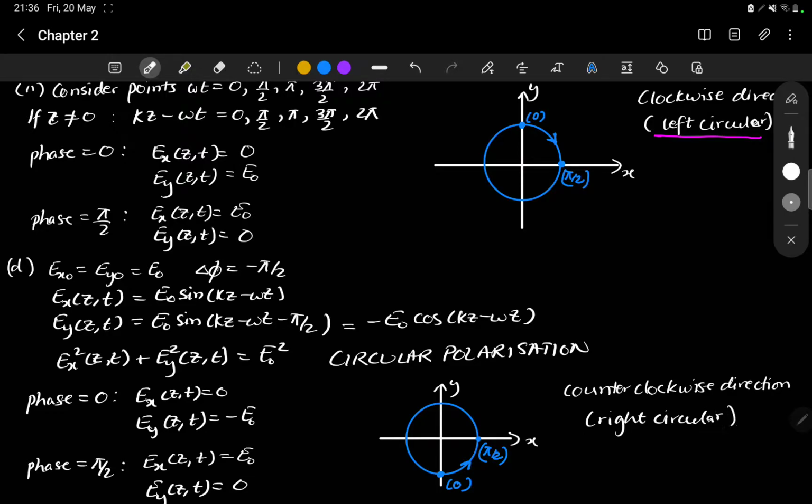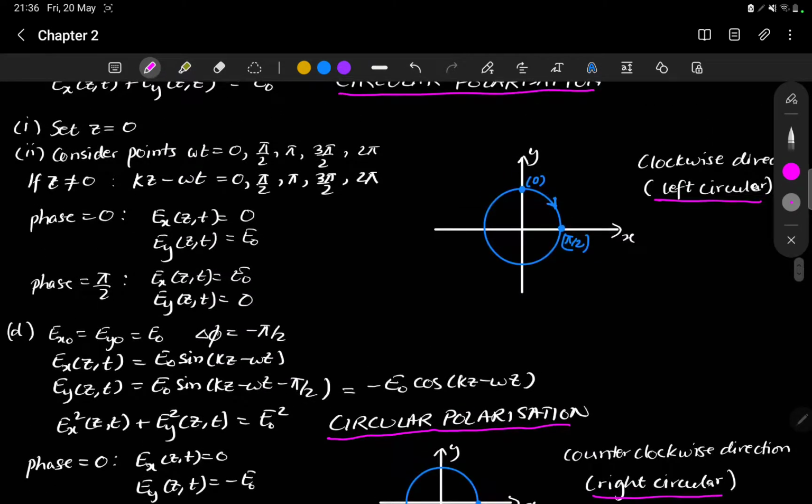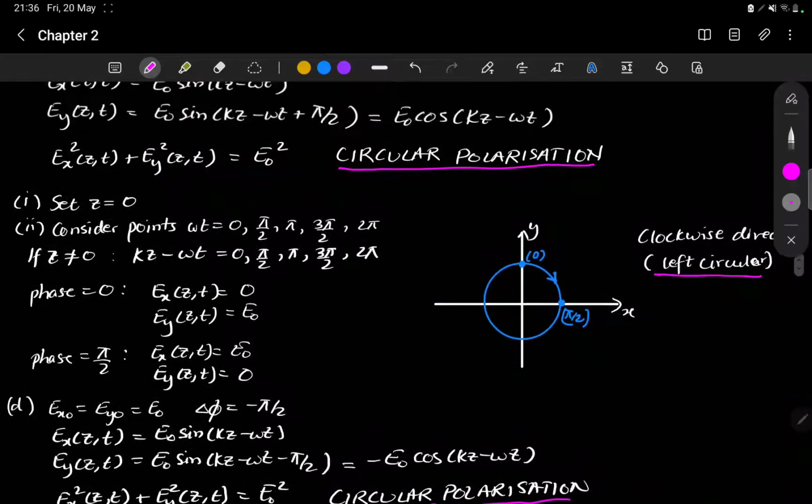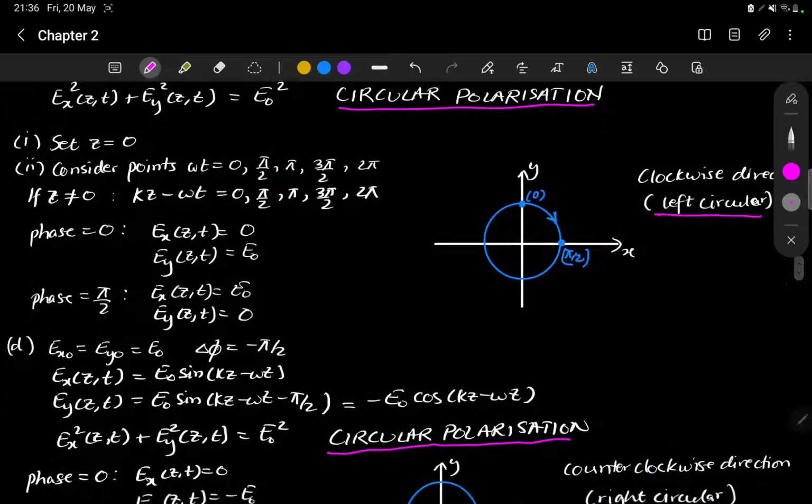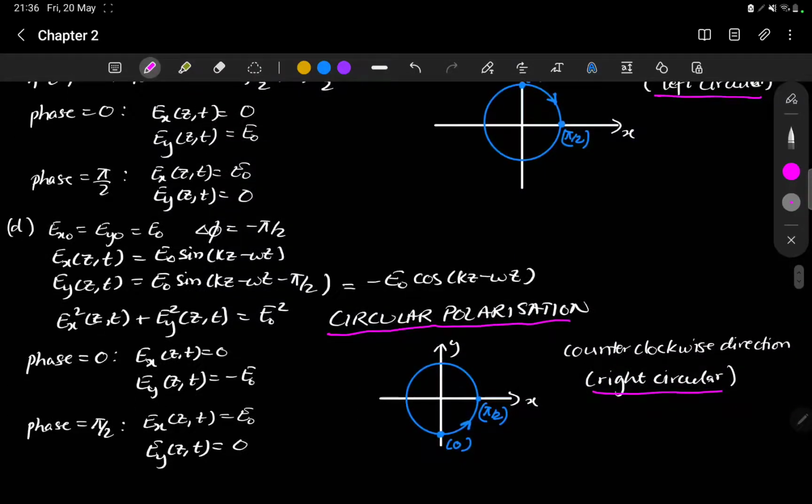Because here if your fingers curl around the direction in which the electric field is rotating, then the thumb of your right hand will come out of the paper or out of the screen. So this is circular polarization, but right circular. The previous part was also circular polarization, but it was left circular. Where delta phi was pi by 2, it was left circular. When delta phi is minus pi by 2, it is right circular.